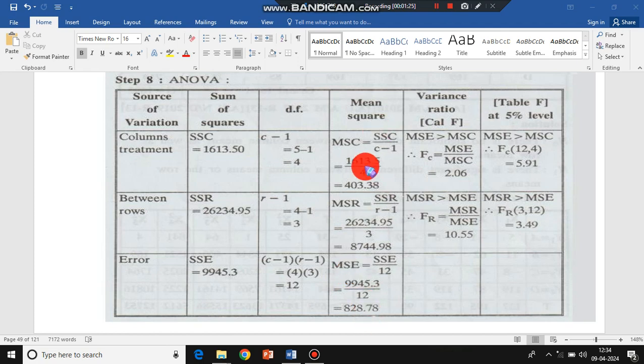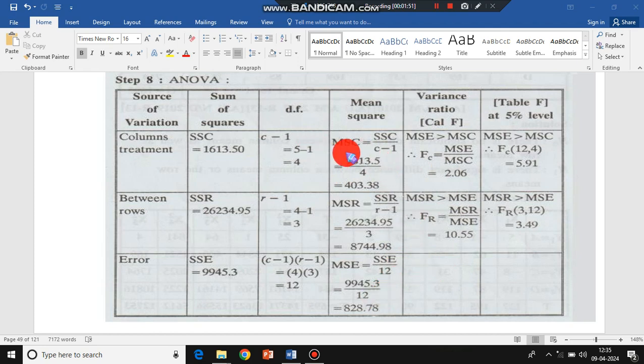The greatest value you have to write in the numerator, and the smallest value among these two in the denominator.